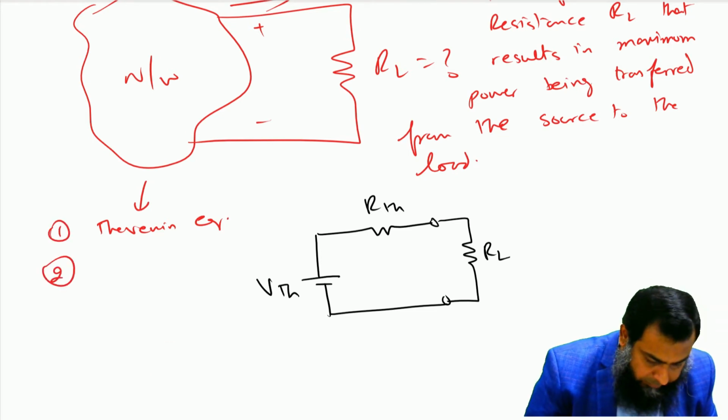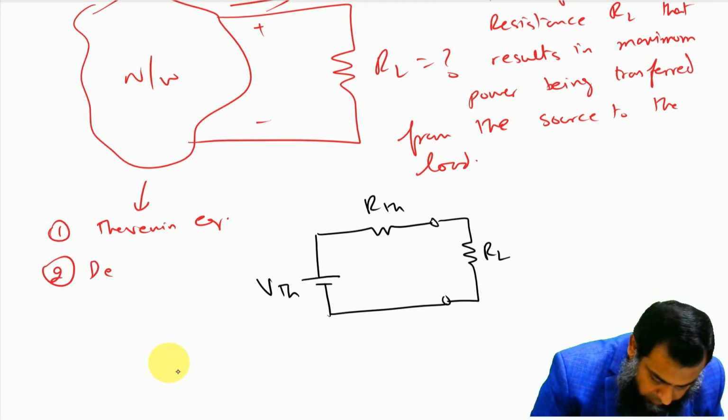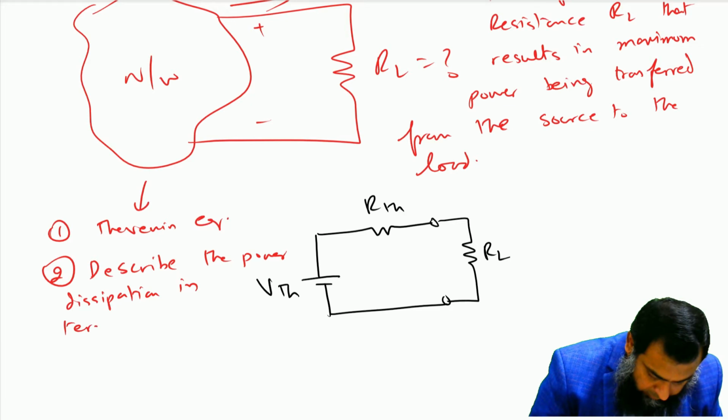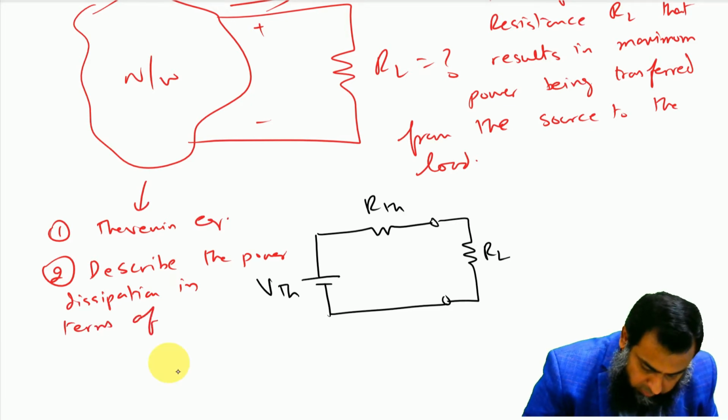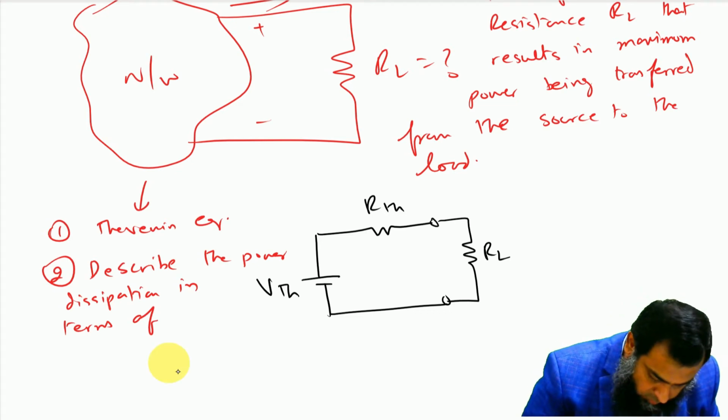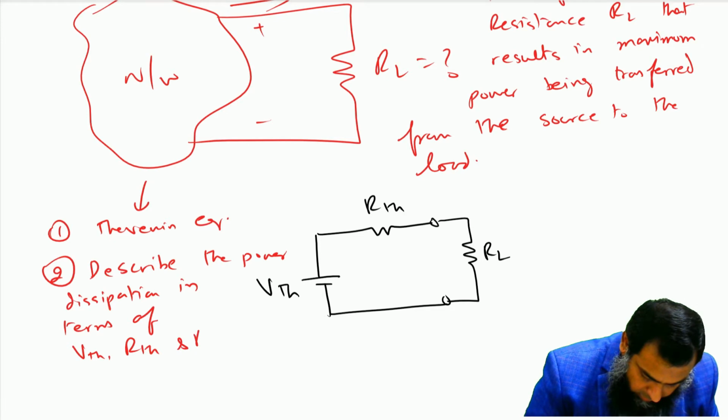As a second step, we will describe the power transfer. We will describe the power dissipation in terms of these three variables: V Thevenin, R Thevenin, and this load resistance RL.